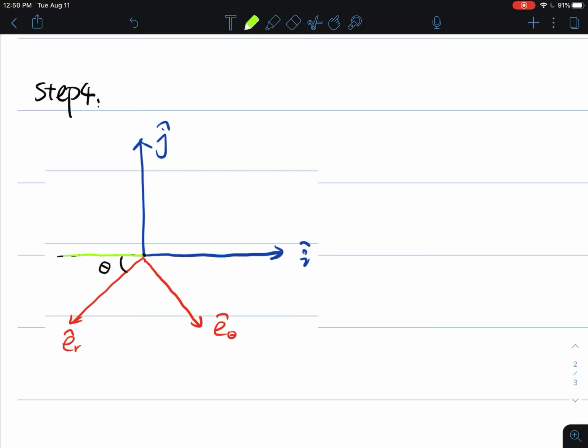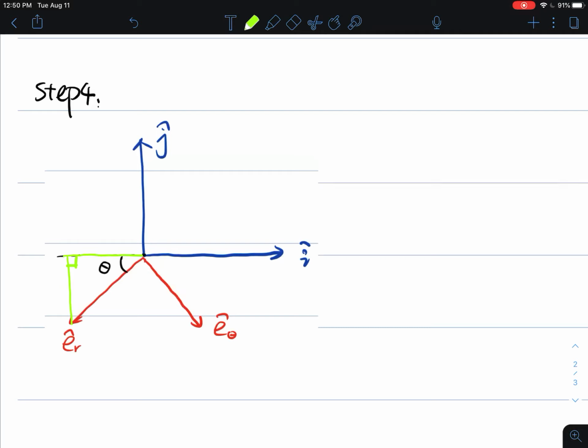Another edge needs to be parallel to J direction. So now we have a right triangle, and this is our 90-degree angle. And here ER is the hypotenuse, and theta is right inside of our triangle.